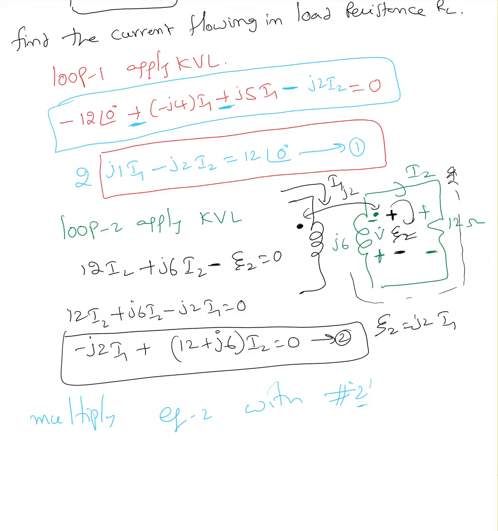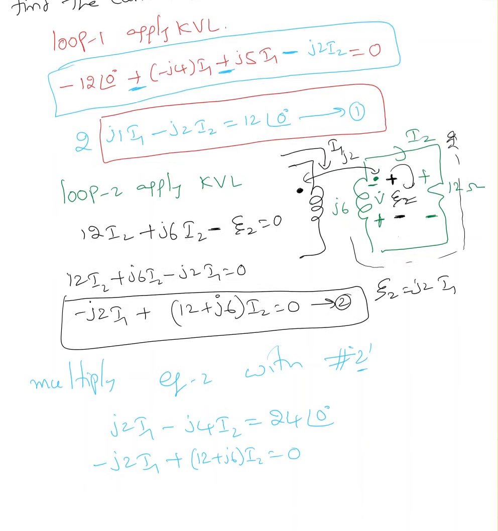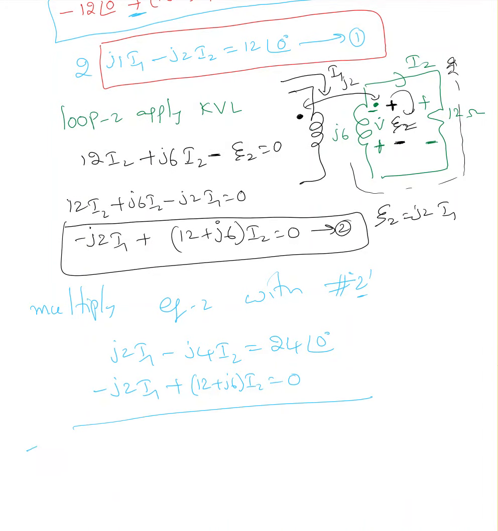So it's going to be J2 I1 minus J4 I2 equal to 24 at an angle of 0. Second equation, I have minus J2 I1 plus 12 plus J6 I2 equal to 0. Now I'm going to add these two to eliminate I1.